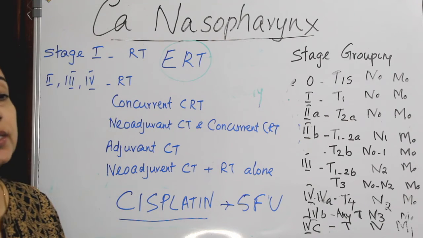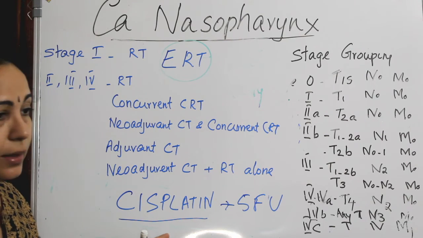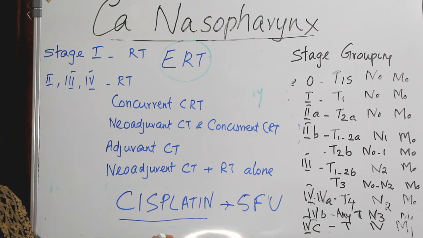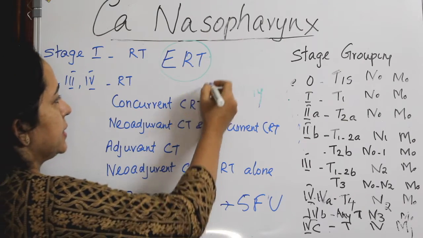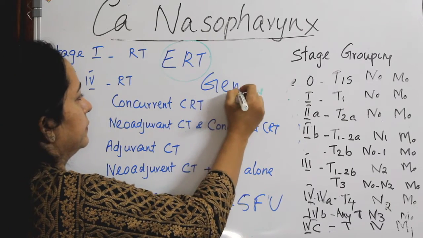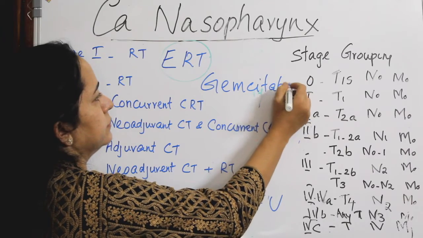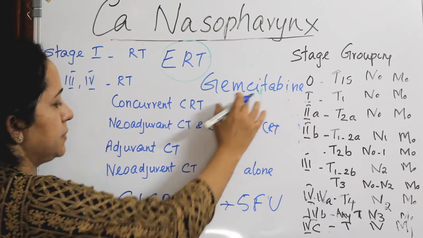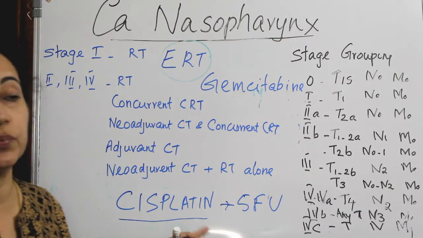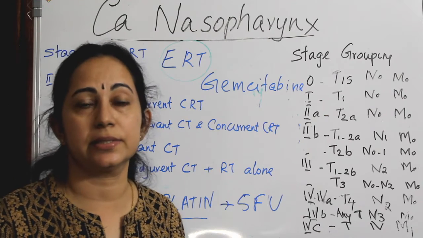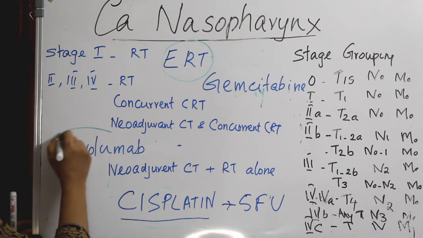So the patient should be under strict follow-up. Another drug which is under clinical trial is gemcitabine. This gemcitabine along with cisplatin is given for locoregional recurrence and in advanced cases.